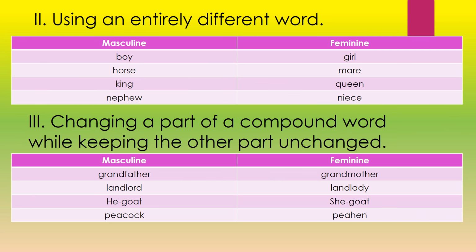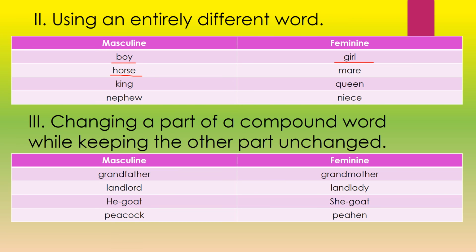Now, using an entirely different word. So over here, let's see, what is happening? If the masculine gender word is given, then for the feminine gender, the entire word is getting changed. That means an entirely new word is being formed. For example, if the masculine gender is boy, feminine gender is girl.